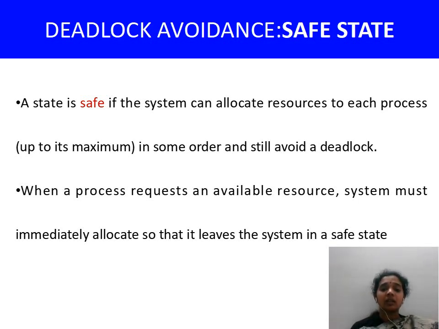If the resources are not immediately available, then the process has to wait until the other processes have completed. When a process is completed, it can obtain the needed resources, execute, return the allocated resources, and finally terminate.